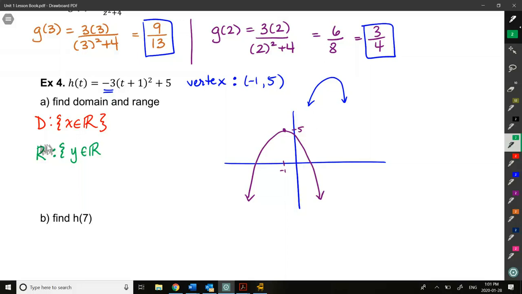Carter, yes. Okay, what's the top boundary? 5. So how can I say this in mathematical language? What do we need y to be? Go ahead, Carter. Great, so y is less than or equal to 5. And then we'll close it off. Perfect.